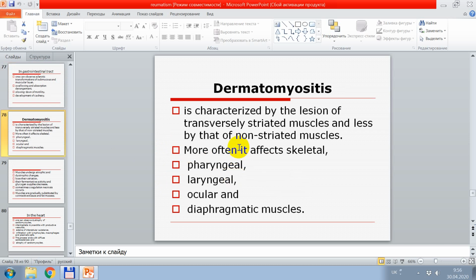The next disease, dermatomyositis, is characterized by lesion of transversal striated muscles and less often of non-striated muscles. More often, it affects skeletal, pharyngeal, laryngeal, ocular, and diaphragmatic muscles.